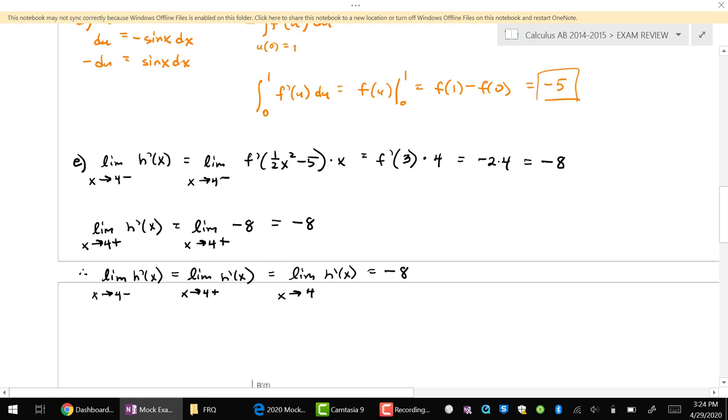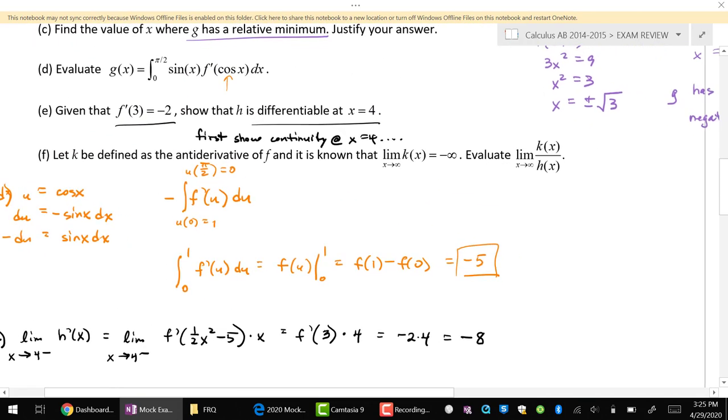So therefore we can say that h is differentiable at x equals 4. Make sure we use limit notation, both left and right side limit notation, in this sort of equation sentence format to prove continuity, and also here in this case to prove differentiability.